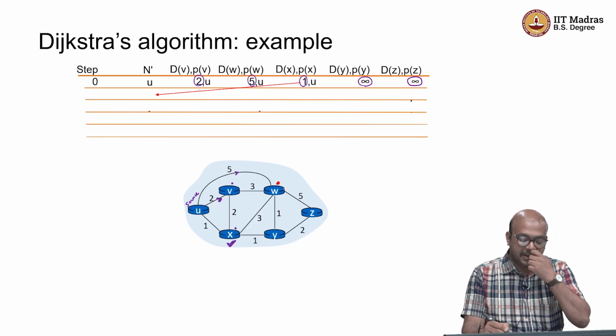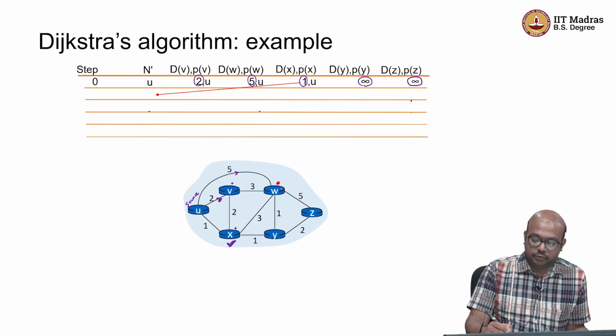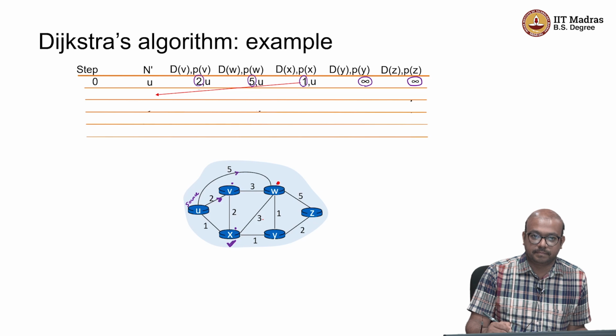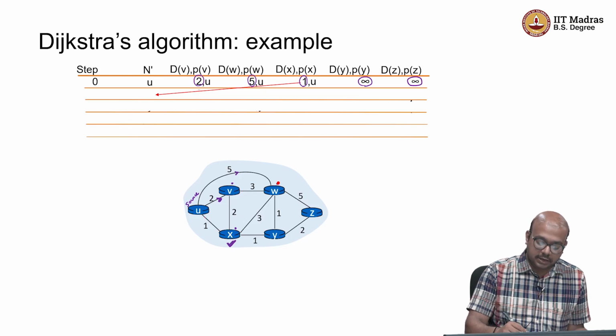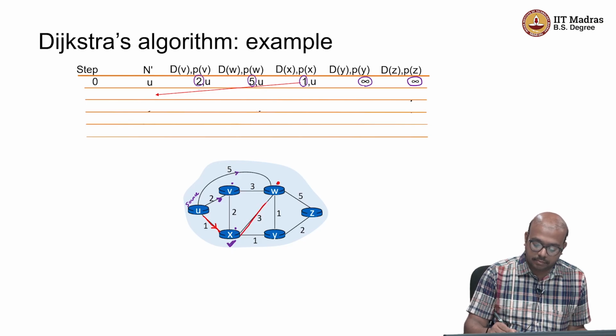So, if I approach through x, there might be a possibility of a better path, because x is known to be in the optimal set now. So, let us consider this path. If I go to x and I have a link from x to w, and x is in the n prime set, right.